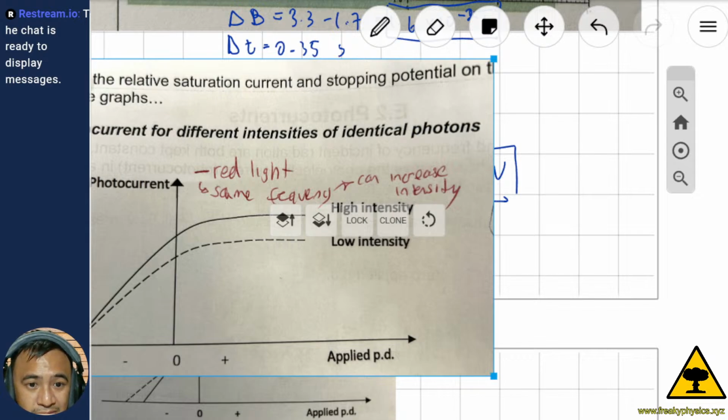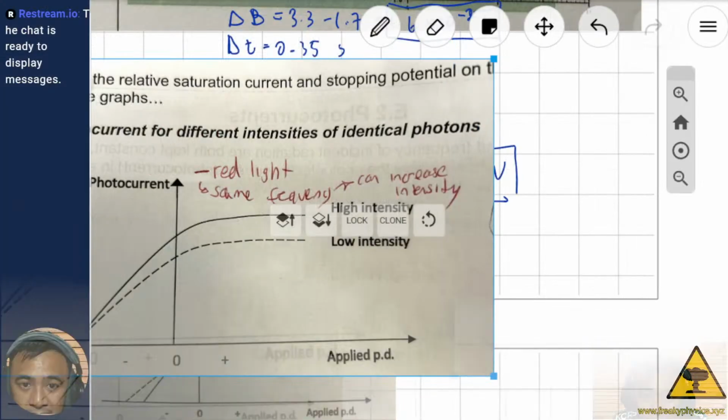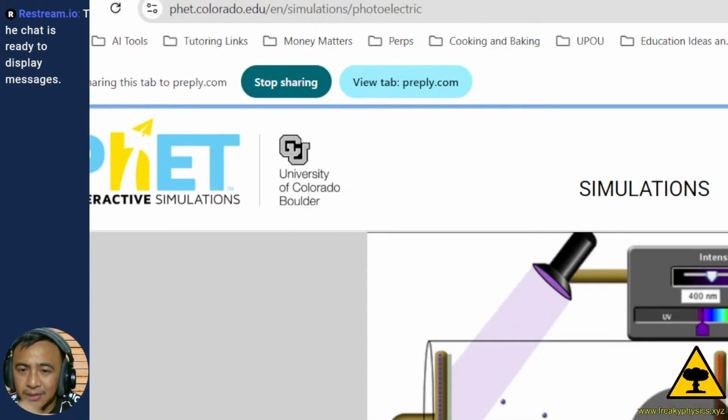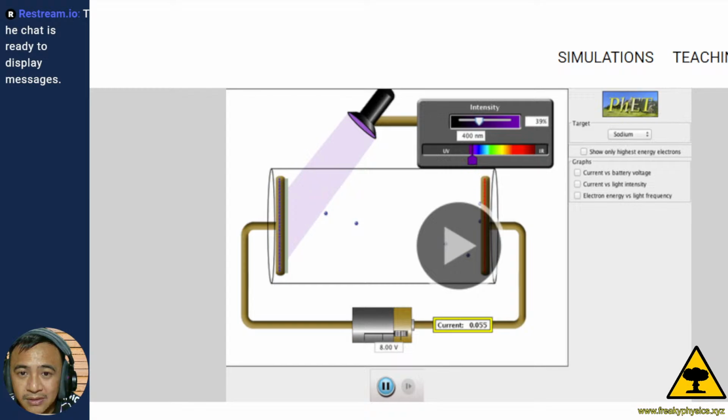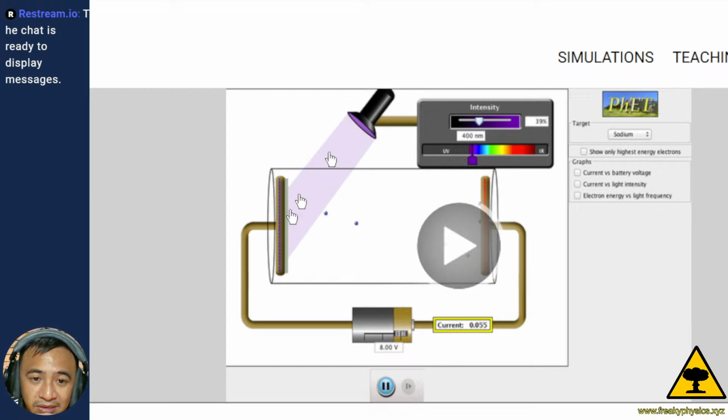Okay, so hold on, let me check. Okay, there we go. In this particular case, let's see if we can show that here. All right, so again, if the light wasn't here and this was a complete circuit, the electrons would move around counterclockwise, right?